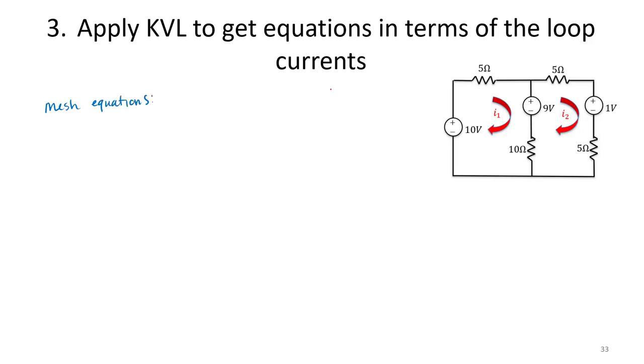So in this case, for our first loop, we end up getting plus 10 volts minus 5 I1. We have I1 going through that 5 ohm resistor, minus 9 volts, then minus 10 times, remember here we have I1 and I2 flowing through, so we have 10 times (I1 minus I2) equals 0.